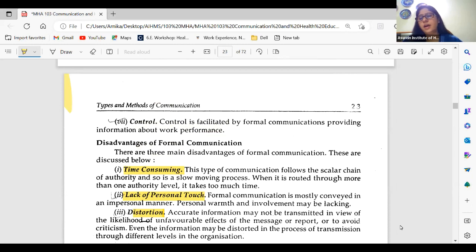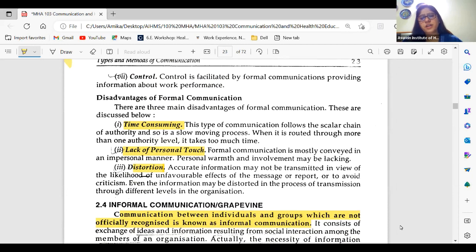When we talk about the disadvantages, mostly it is time consuming. For example, if you want to reach one person, you have to follow certain channels. It's not like you can directly go and talk.